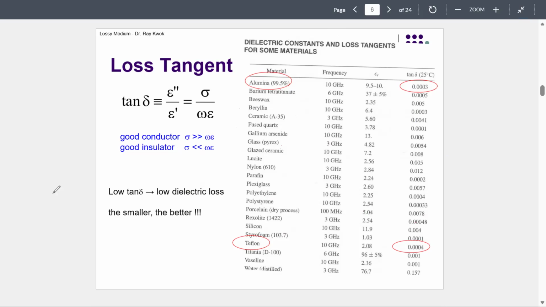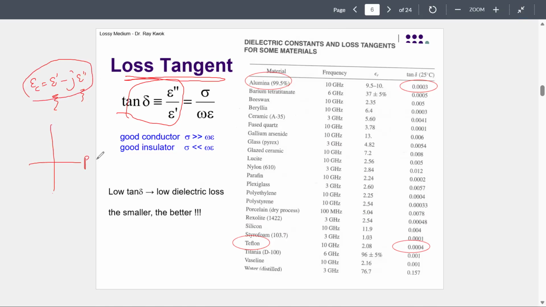So before we move on, we say the complex permittivity is epsilon prime minus j epsilon double prime. It has a real part and an imaginary part. So people define something called a loss tangent. What is a loss tangent? If I'm looking at this as a complex number, the real part is epsilon prime, the imaginary part is epsilon double prime.